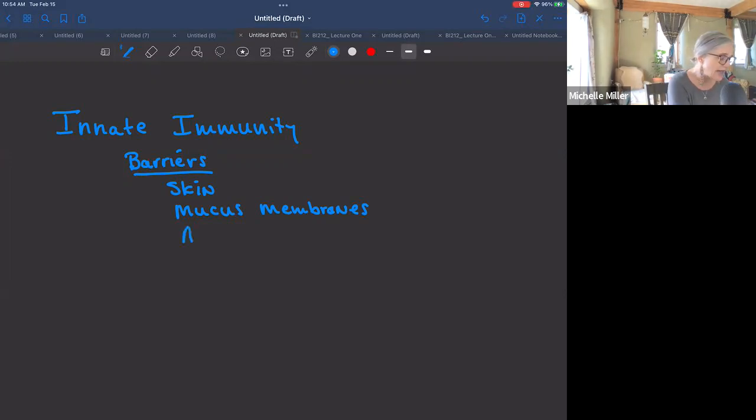We also have acid. So when we talk about the stomach, for example, the stomach acid not only helps to break down the protein and connective tissue that might be in your meal, but it also helps to kill anything that you have taken in or ingested with your meal. So that would be a really important mechanism.